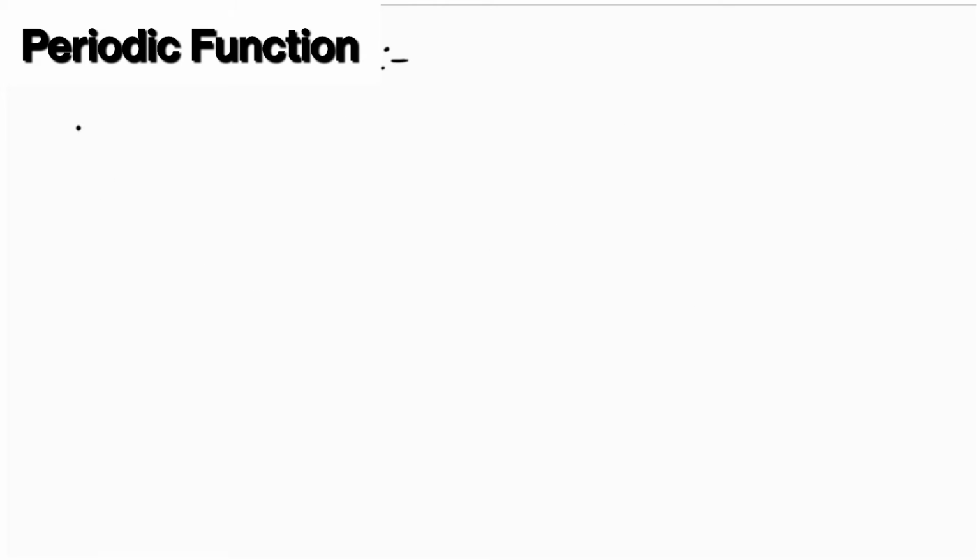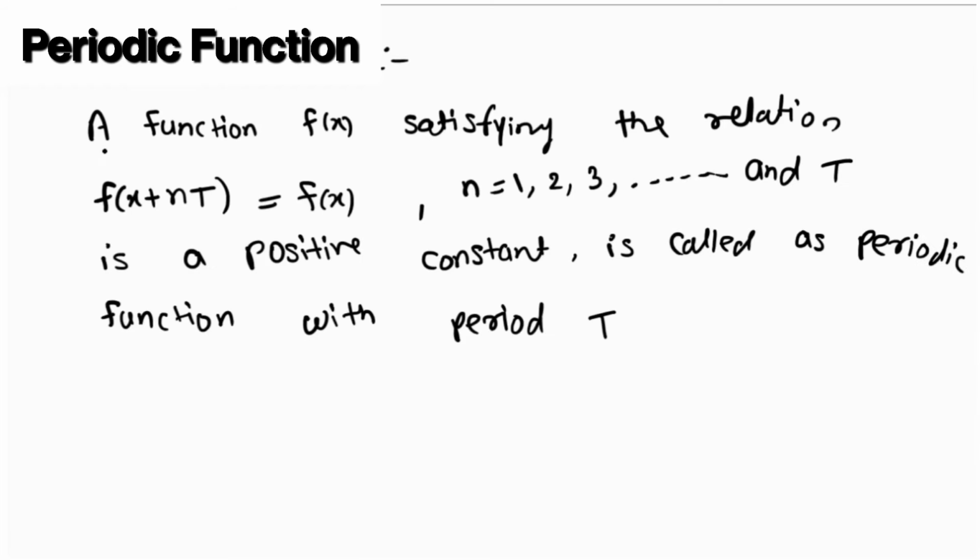The definition of a periodic function: a function f of x satisfying the relation f of x plus nT equal to f of x, where n is 1, 2, 3, and so on up to infinity, and T is a positive constant, is called a periodic function with period T. So a function is called periodic with period T if we add T any number of times and still get the same answer as f of x.